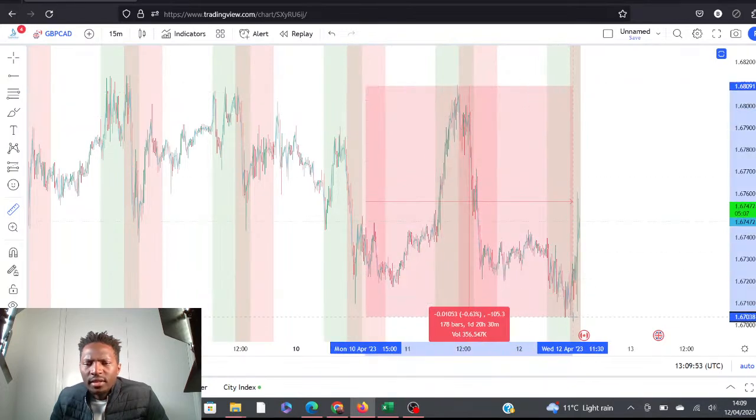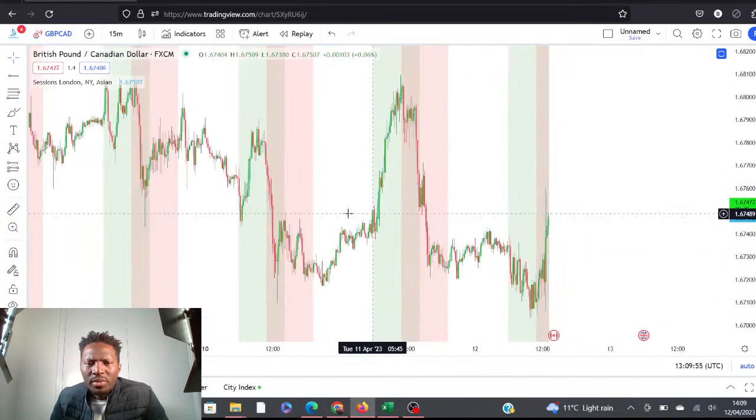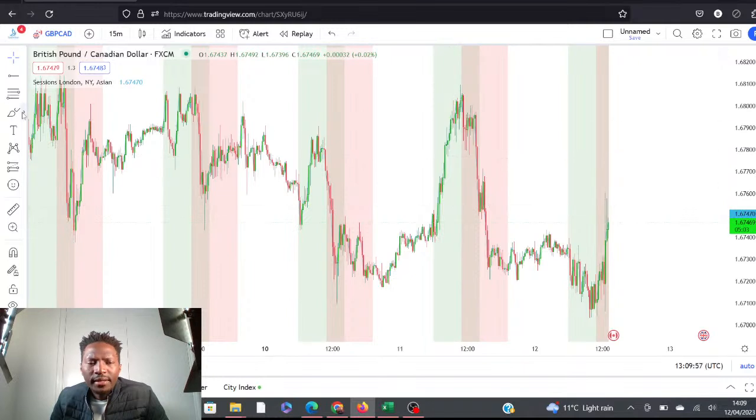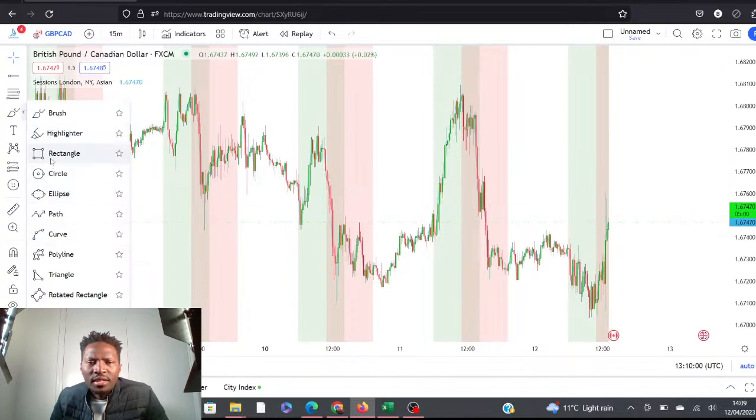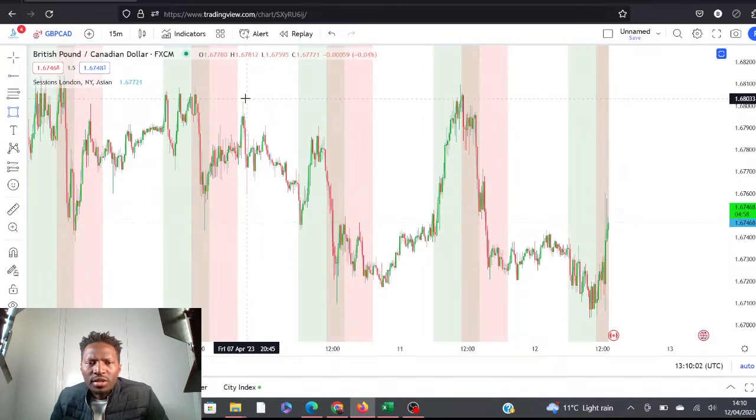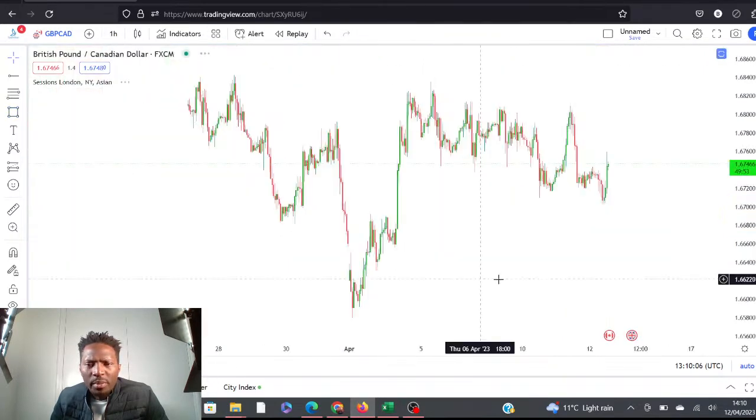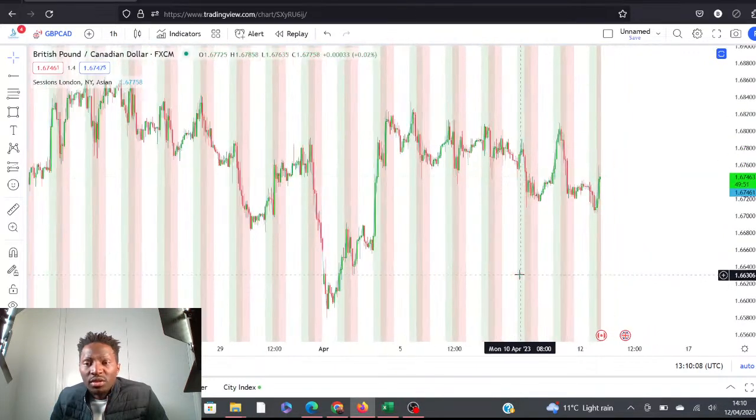GBP CAD does tend to have a little bit of volatility, but it's been completely dead this week. So this one is anybody's guess where the market is going to go once the news comes out. Looking at the market on a bigger picture, we do have a contracting pattern.